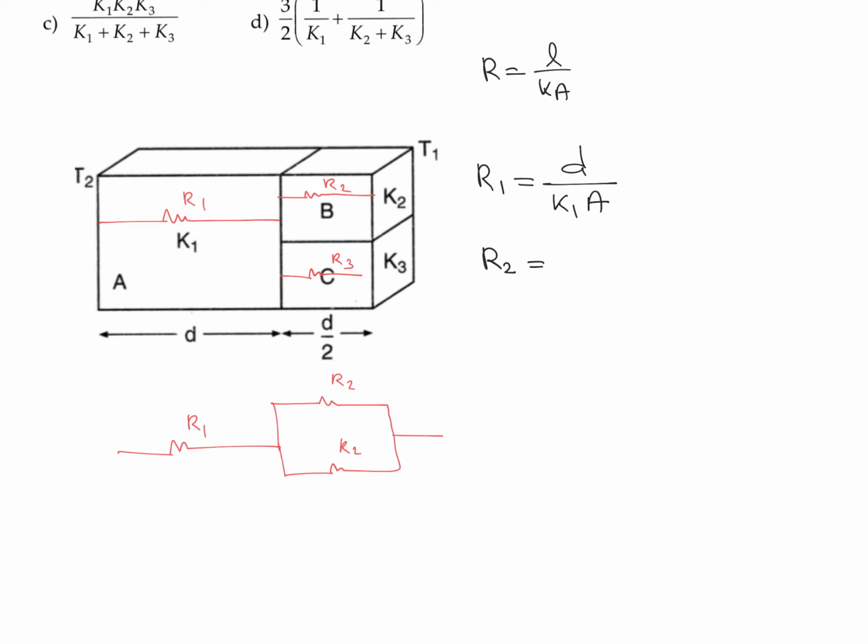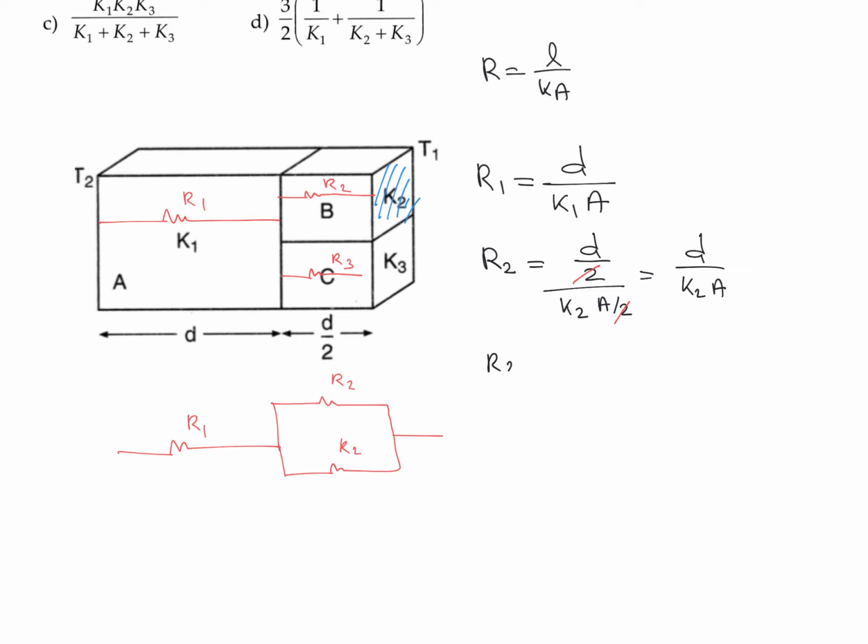Its length is D divided by 2, its conductivity is K2, and area of cross section is A divided by 2, because the area of this portion is half of the area of the entire conductor. So we can cancel this 2 and this 2, and R2 is equal to D divided by K2A.